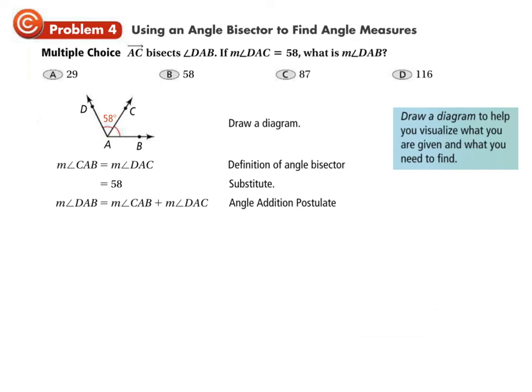And since we know that those are each equal to 58, the first one was given, the second one we just found by substitution, we can add them together, and we find that the measure of angle DAB, which is what they were asking, is the sum of the two smaller ones, or 116. So the answer then is D.